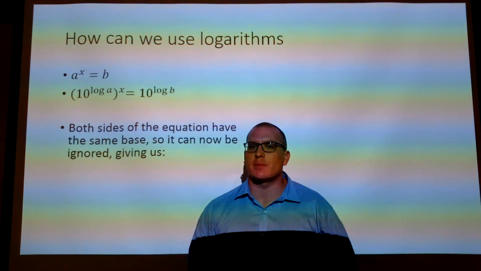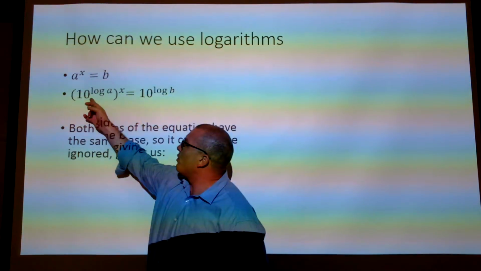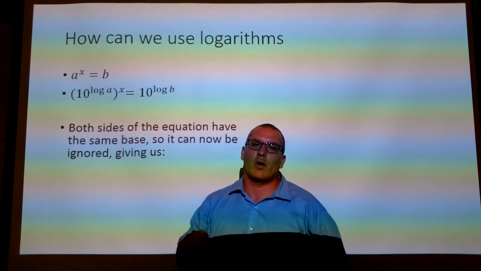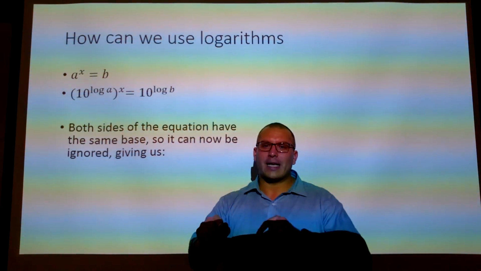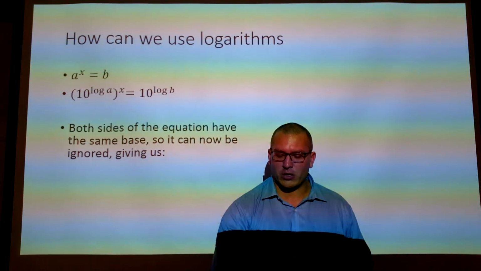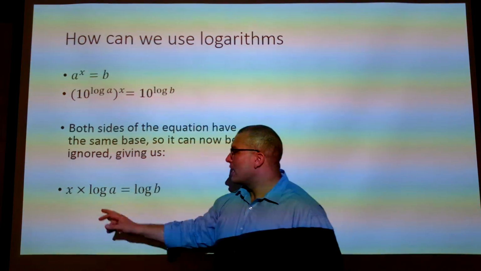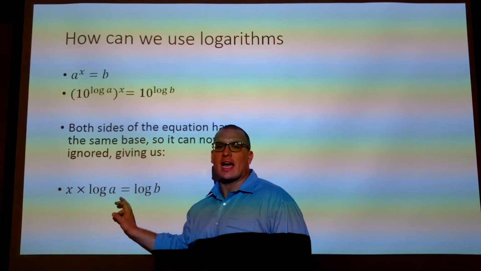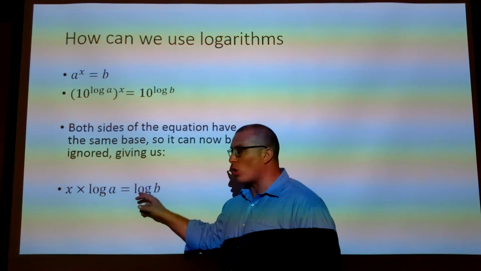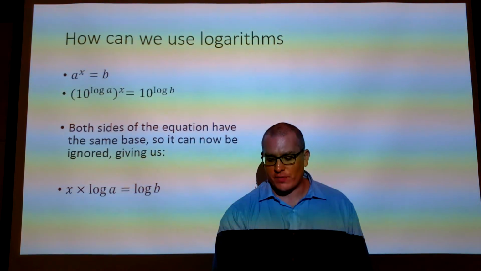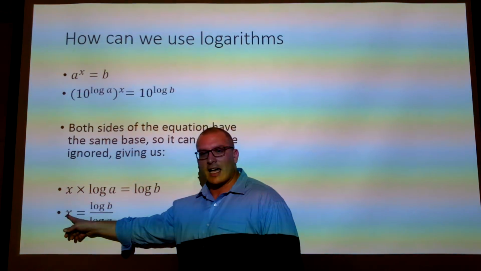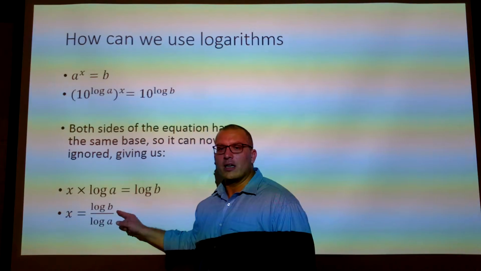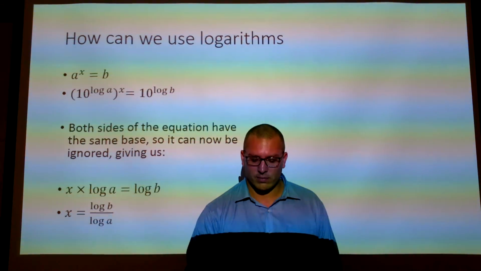Just using our basic exponent laws, we see that the bases on both sides of our equation are now the same. So we can ignore the bases and just look at the exponents, meaning that x times log a is equal to log b. Divide both sides through, and what I get is that x is equal to the log of b divided by the log of a.